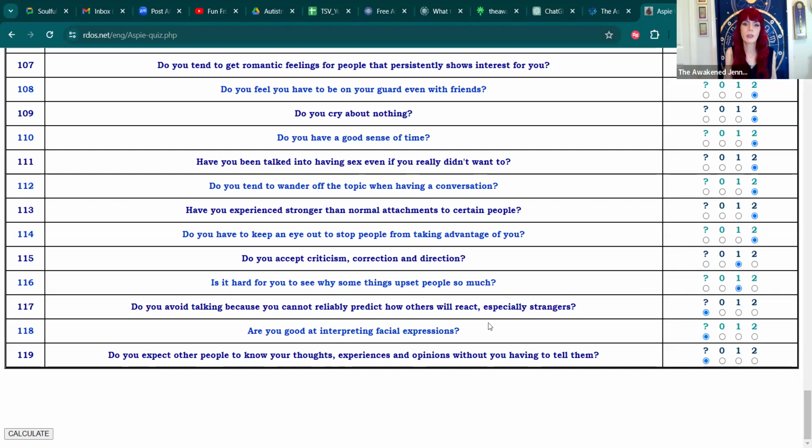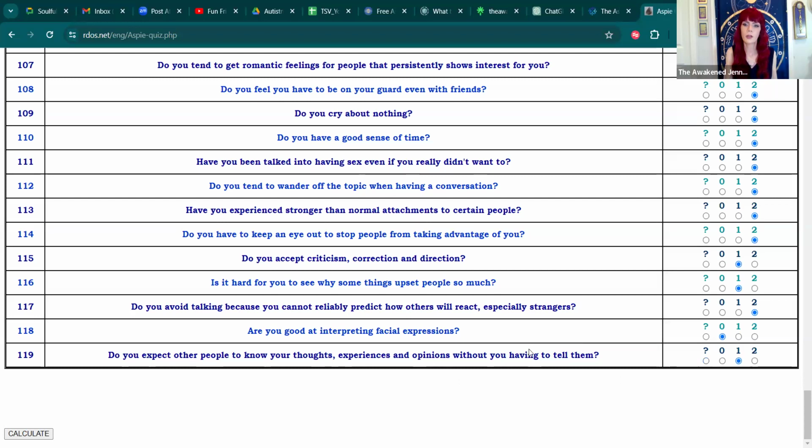I mean, sometimes. Do you avoid talking because you cannot reliably predict how others will react? Yes. Yes. Are you good at interpreting facial expressions? Nope, I'm not.